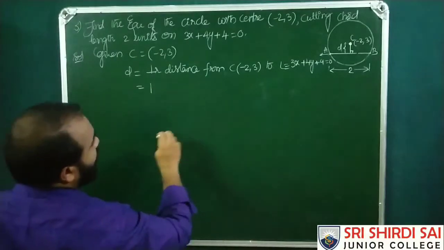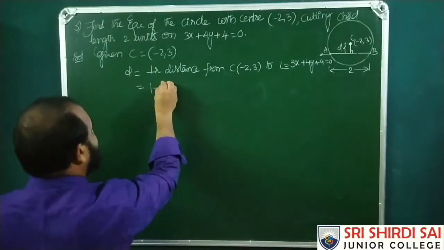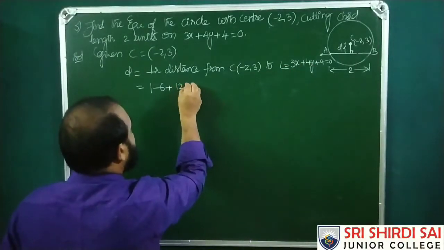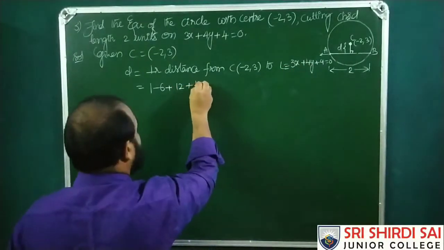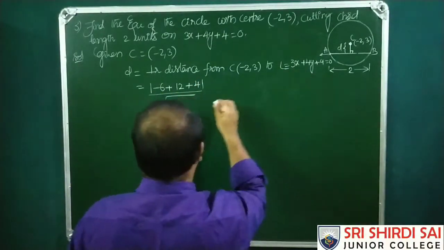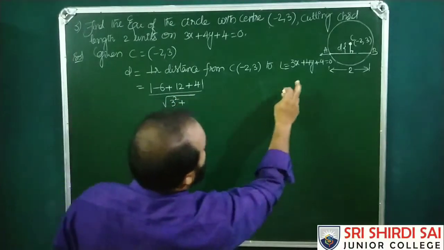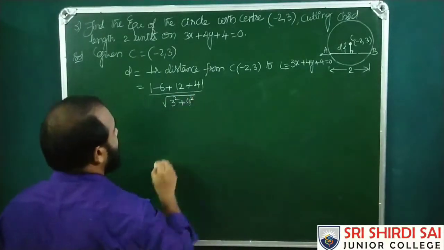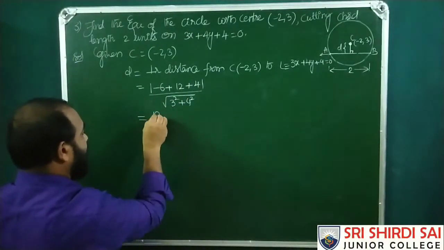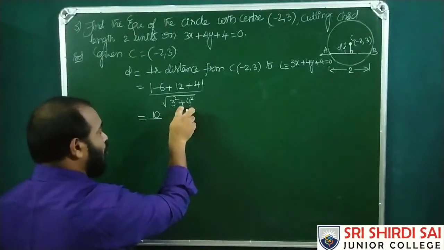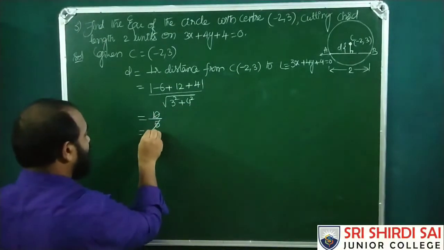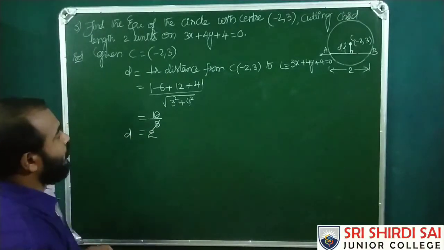So this is 3 into -2, which is -6, plus 4 times 3 which is 12, plus 4, by the square root of 3 square plus 4 square. So 12 plus 4 is 16, minus 6 is 10, by the square root of 25, which is 5. If you cancel this, d is equal to 2.